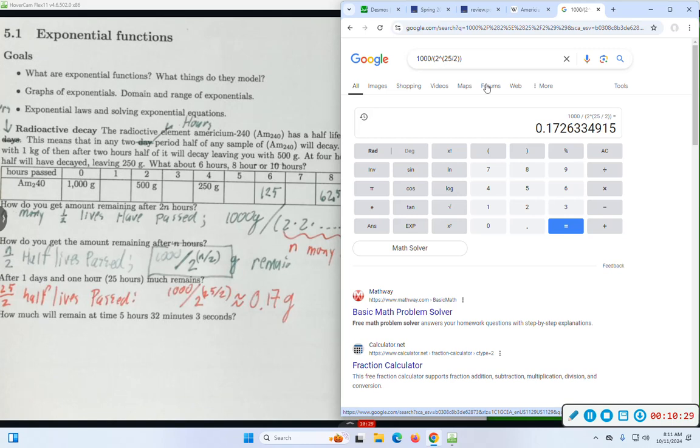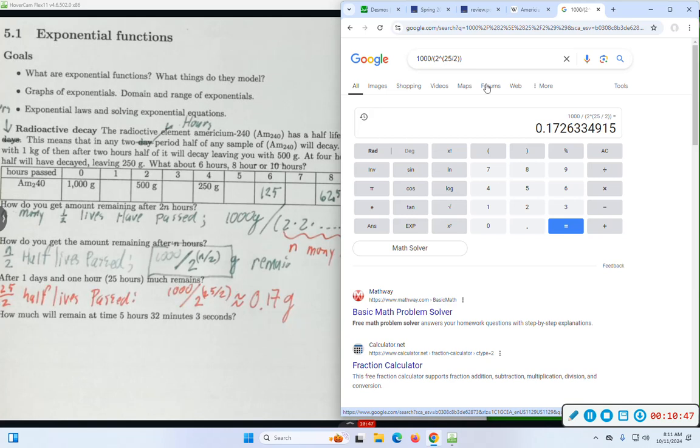Well, let's talk through. So we need to know how many half-lives have passed. So that means we need to know how many 2-hour time intervals have passed. I guess that means that I want to convert all of that information to hours. So how many hours is that?